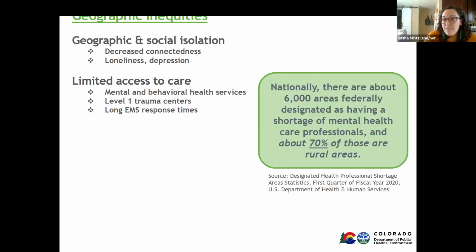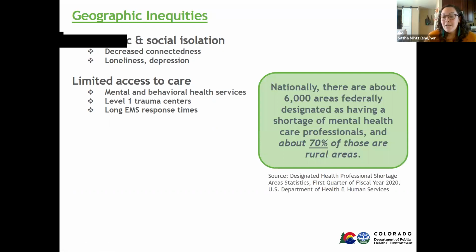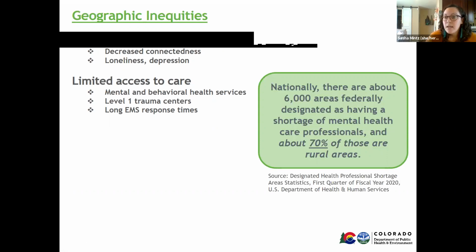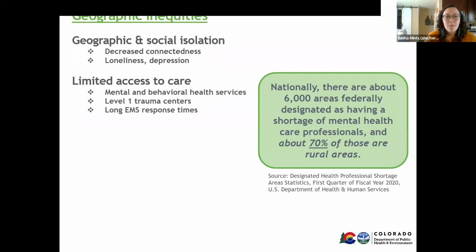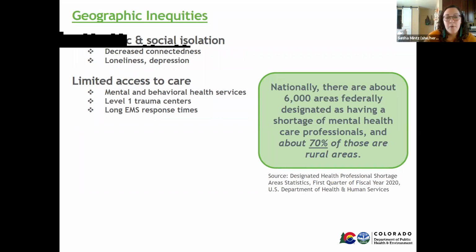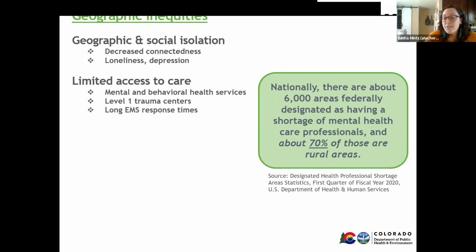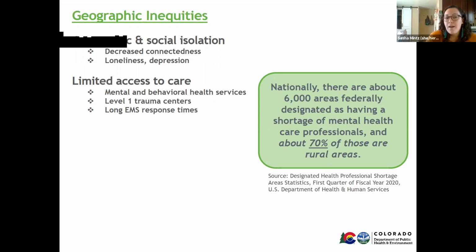Using national data from the Department of Health and Human Services, we see that there are about 6,000 areas that have a shortage of mental health care professionals, and about 70% of those are rural areas. Where there is a shortage, primary care physicians are often called on for mental health care, even though those doctors often report not feeling prepared to treat mental illness.